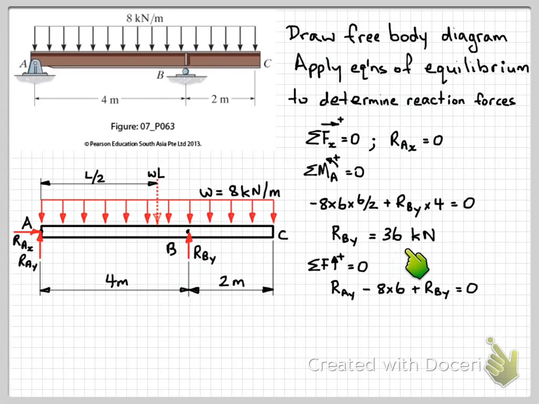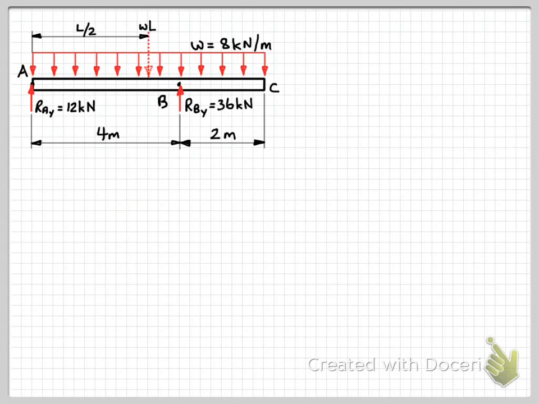And because we've already calculated RBY here, we have one unknown, so we can solve for RAY, which gives us 12 kilonewtons. Having now determined our reactions, we can go on and determine the internal shear and bending moment equations for the beam.